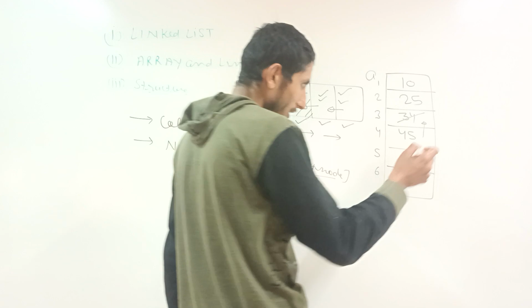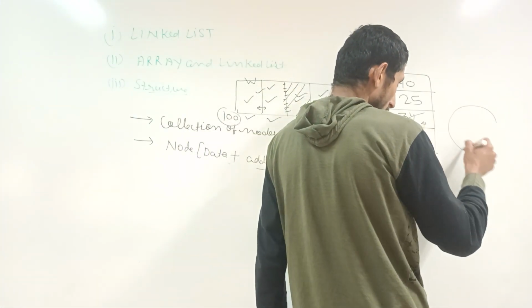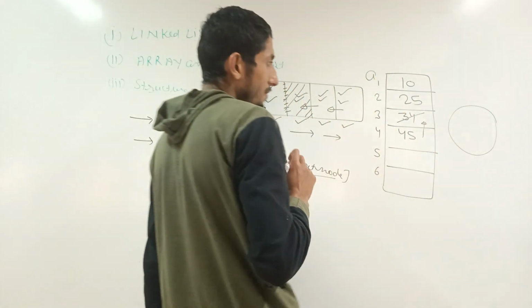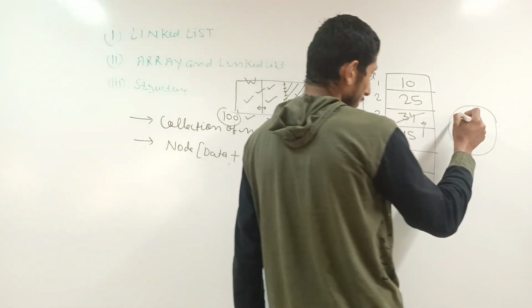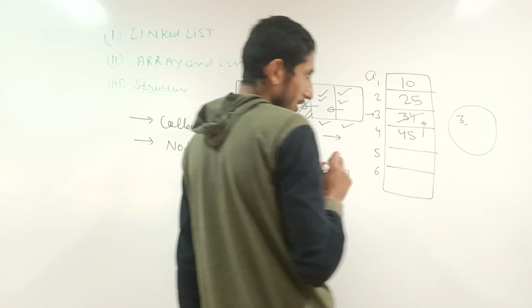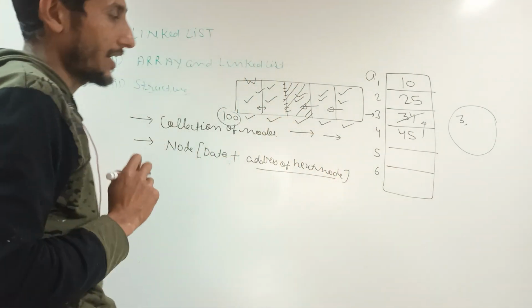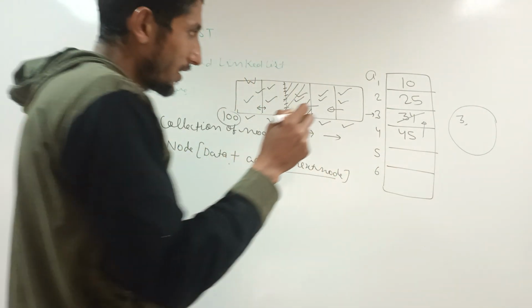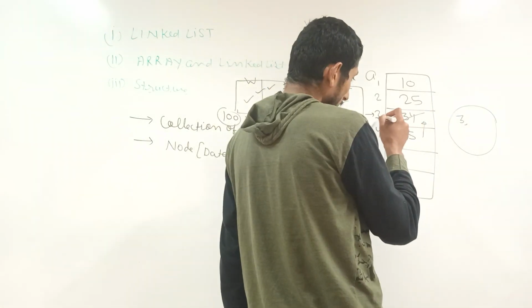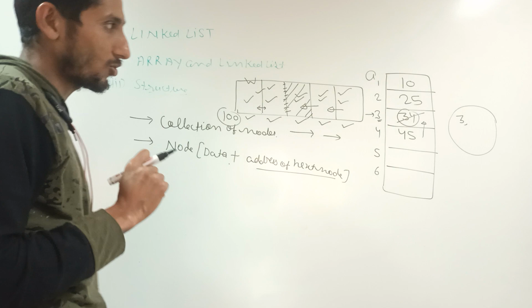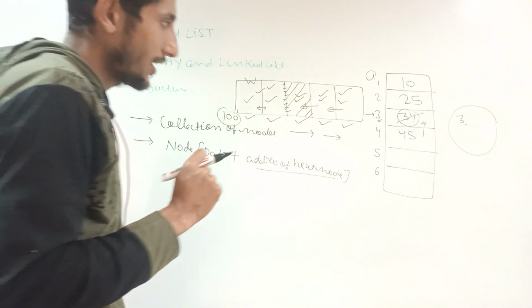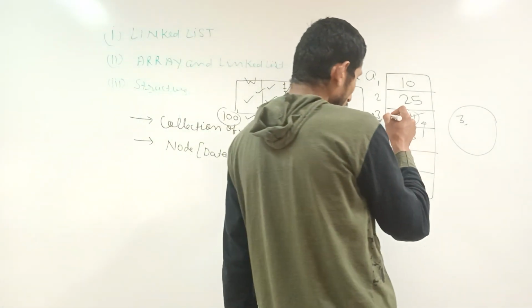I can take a special memory, and in this special memory I can keep track of 3. It means I can save 3, and this memory indicates that the third block is not in the array. Are you following this? That is not a good approach, but it can be one approach. Rather than shifting, I can store this location.